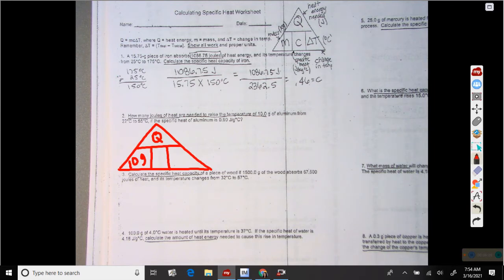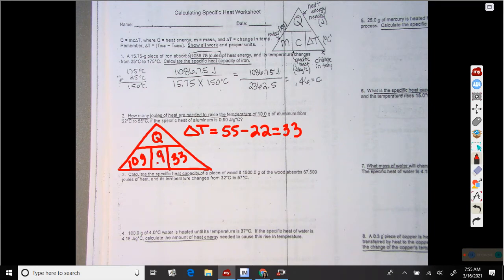Our delta T is final minus initial, so 55 minus 22 is 33. So we're going to have 33 right here. And then our specific heat is 0.9.